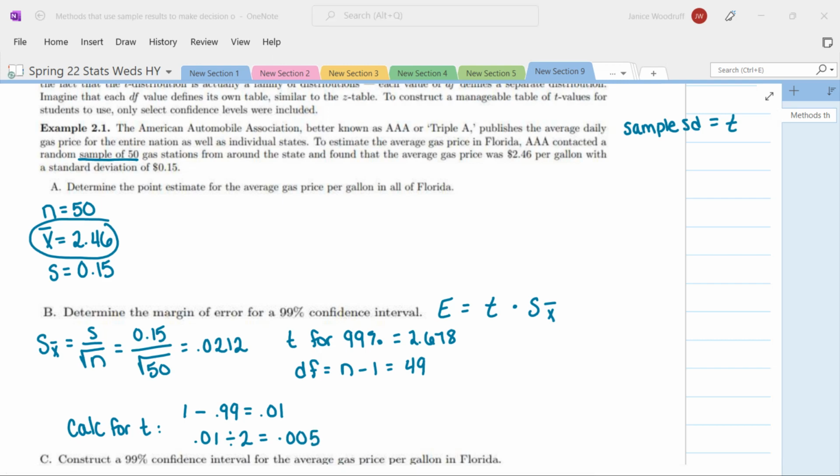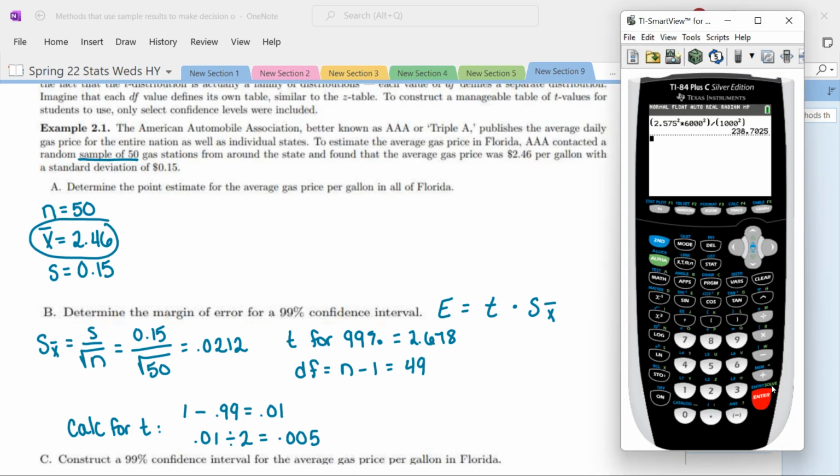Okay, then we're going to go to our calculator, and we're going to go to the same place where we would have gone for our z. So second distribution, instead of inverse norm, the one right below that, inverse t. So inverse t, area 0.005, degrees of freedom 49. There we go.